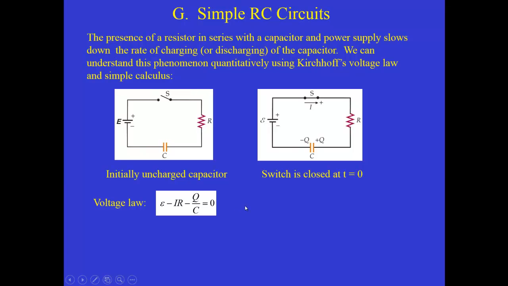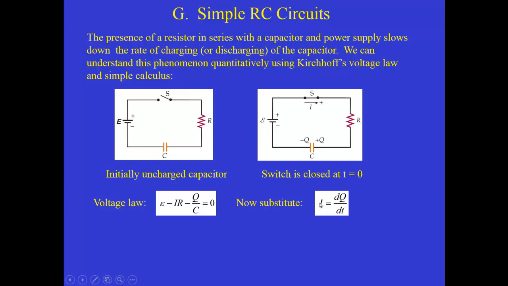So that's the voltage law, and what we want to do is try to solve for the charge as a function of time. We would like to have an equation that tells us how rapidly the capacitor charges up. Now we make a substitution. The current is the rate of change of charge, and in this case we have to think about the sign because it depends on whether the charge on the capacitor is increasing or decreasing. In this circuit, when we close the switch, Q is increasing, so dQ/dt is positive.